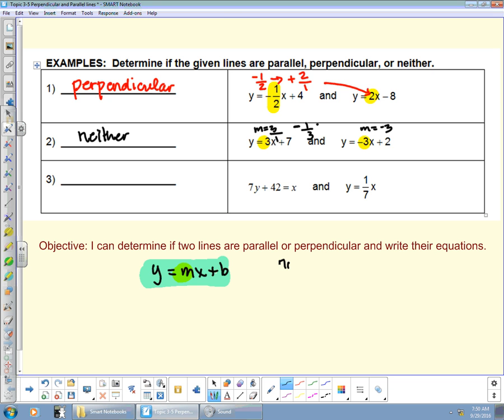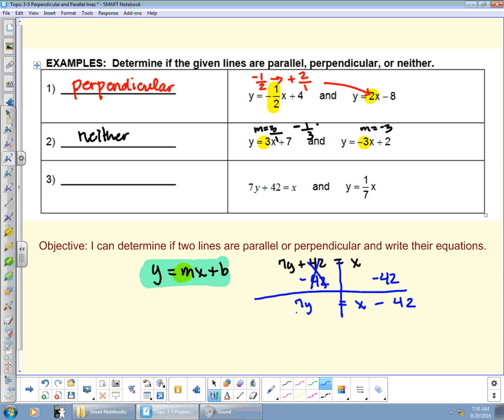All I want to do is solve that for y. I want to get the y by itself. So in order to do that, I need to subtract 42. I can't group x and 42 together, so I'm going to get 7y equals x minus 42.